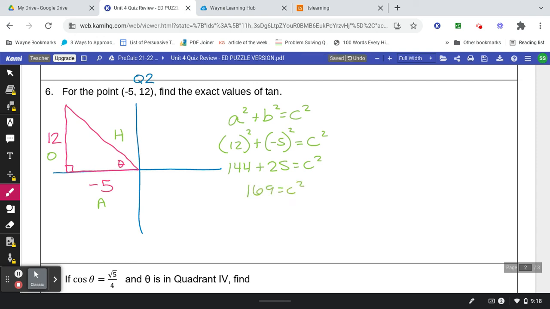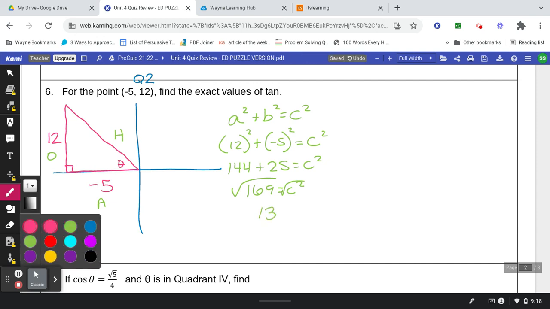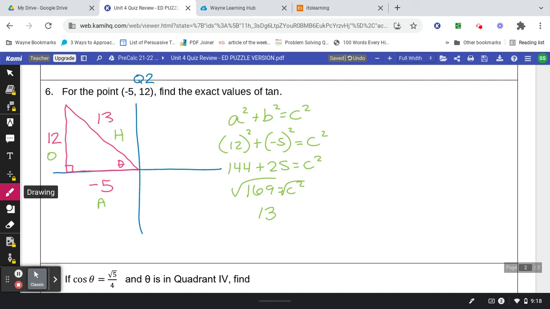Add those. Square root to get a perfect square, 13. Remember, your hypotenuse can never be negative, so we write that as a positive 13. Then once everything's set up, we'll find our answer for tangent. All right, tangent, which is O over A, will end up being 12 over -5, O over A.